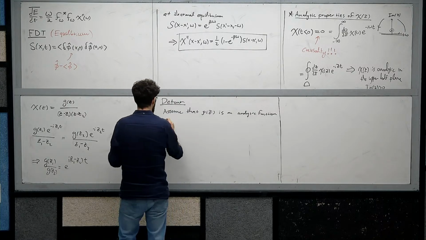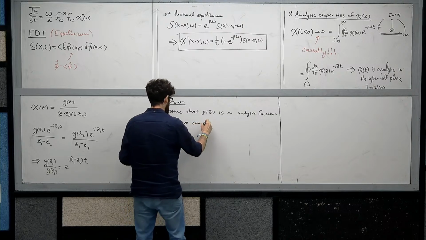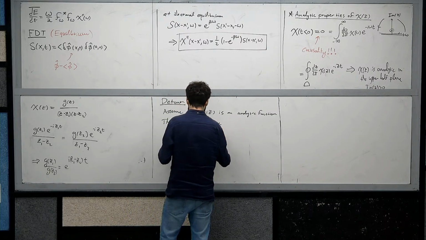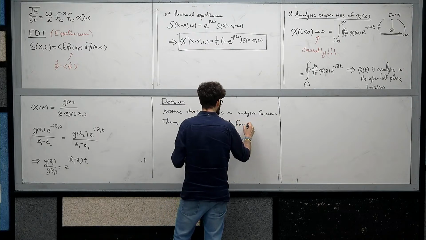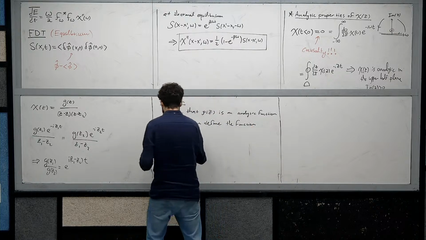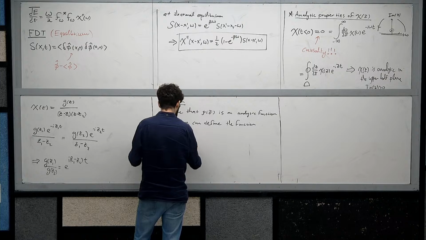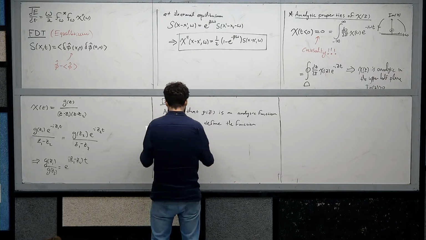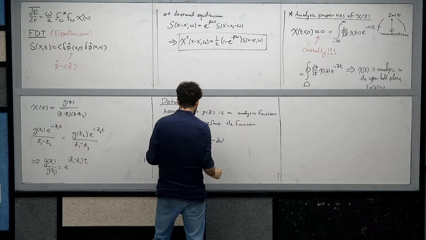Then we can define the function f of omega equal to 1 over i pi, the integral from minus infinity to infinity, rho of omega prime divided by omega minus omega prime, d omega prime.